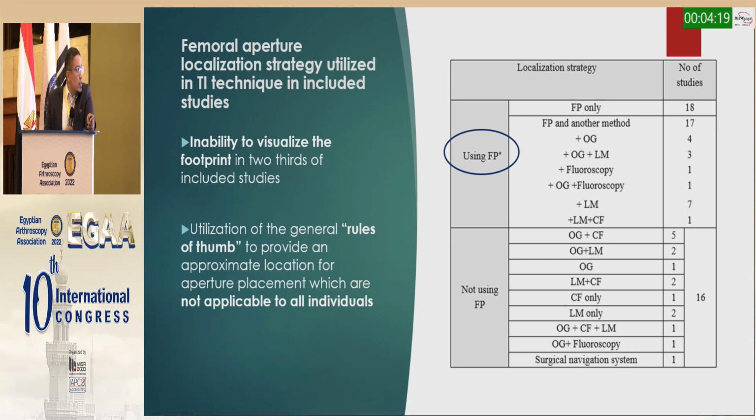Really, we found that there was inability to visualize the footprint in two thirds of the included studies. We also found utilization of general rules of thumb to locate the femoral aperture in all individuals without individualization, without taking into consideration the individual variation, like positioning it at a fixed distance from the boundaries of the intercondylar notch, and other methods.